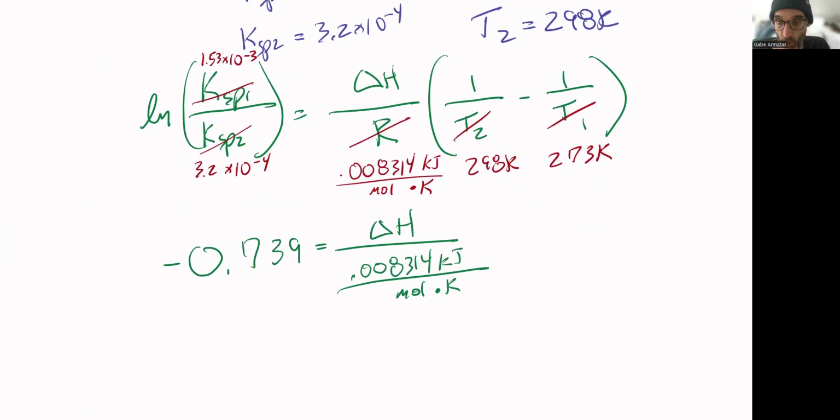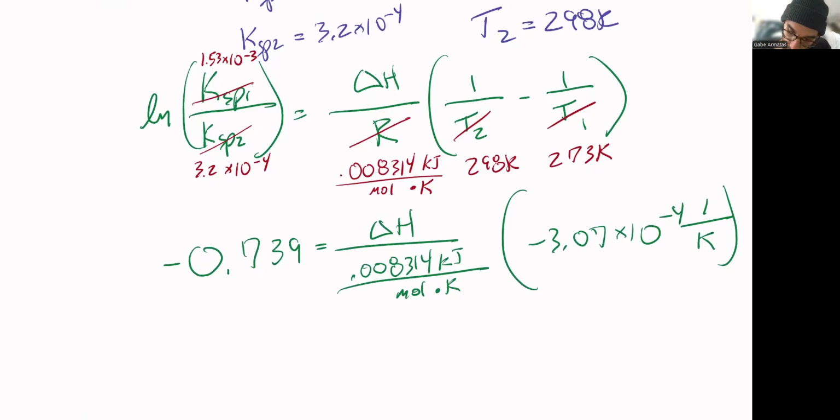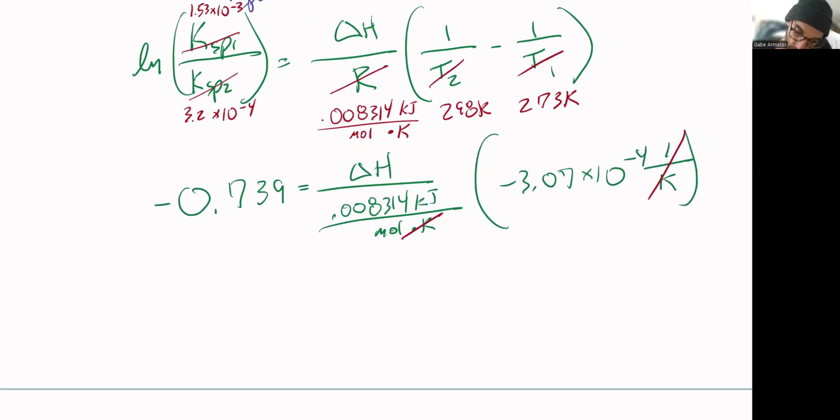And now for 1 over T temperatures, I end up with a value of negative 3.07 times 10 to the negative 4, 1 over Kelvin, because that's what it should be. That is going to allow the Kelvins to cancel. And now I'm going to divide both sides by the value of negative 3.07 times 10 to the negative 4.